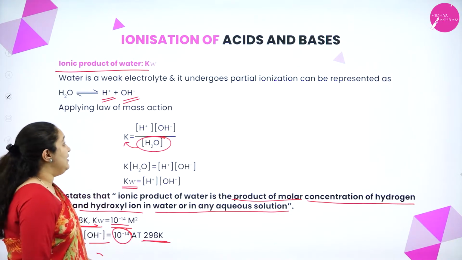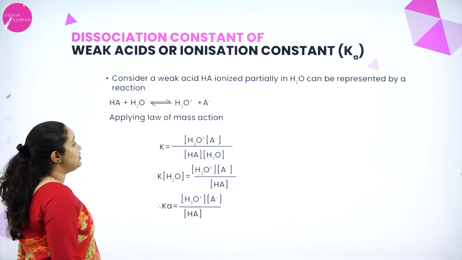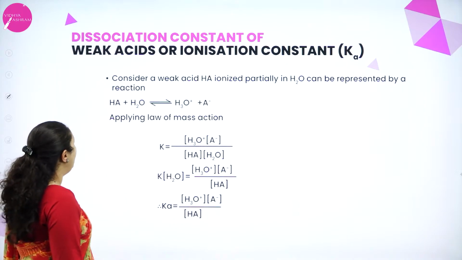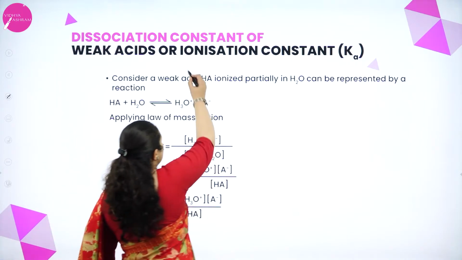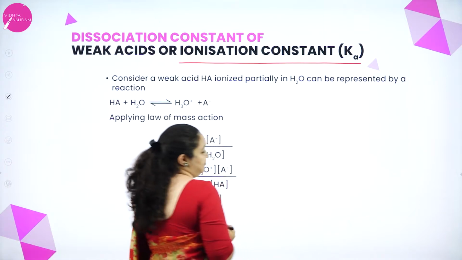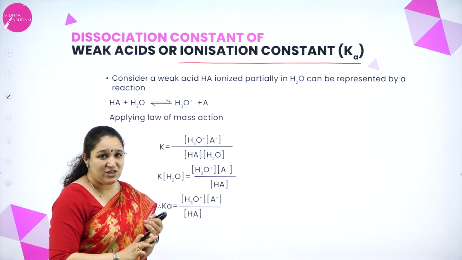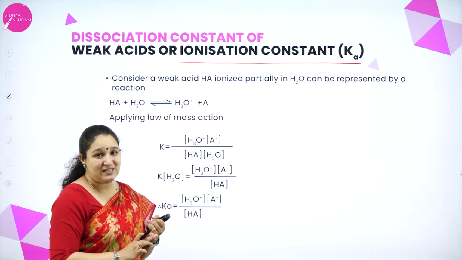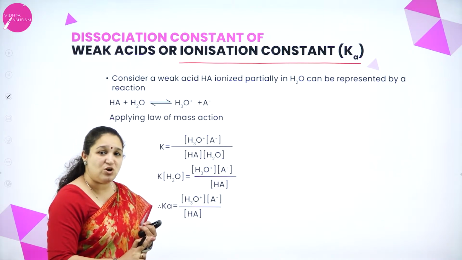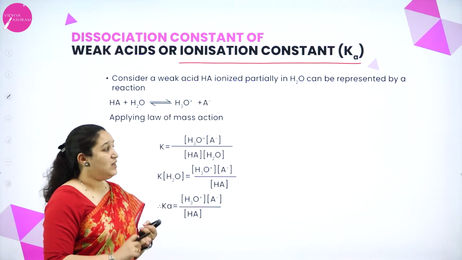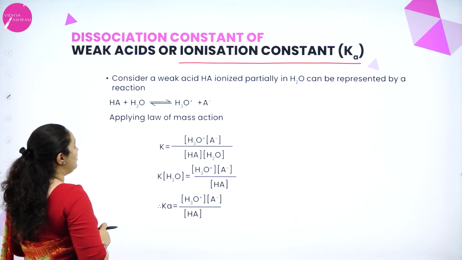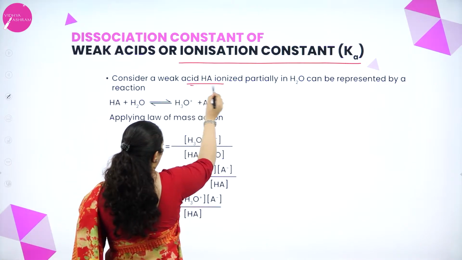Next we'll see the dissociation constant of a weak acid or ionization constant Ka. So, Ka is what? It's the ionization constant of an acid, that is weak acid, or dissociation constant of a weak acid. So, here also I am going to consider a weak acid HA.